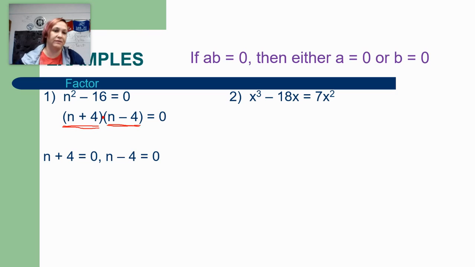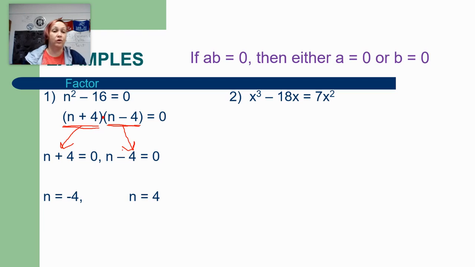And so our next step is to take each parentheses, each thing that's being multiplied, and create its own math problem. So I've now created two different math problems where I set each parentheses equal to 0. And then we would solve those individually. So on that first equation, I'm going to subtract 4 from each side, and I'll get n equals negative 4. And then on the second equation, I'm going to add 4 to each side, and I get n equals positive 4.